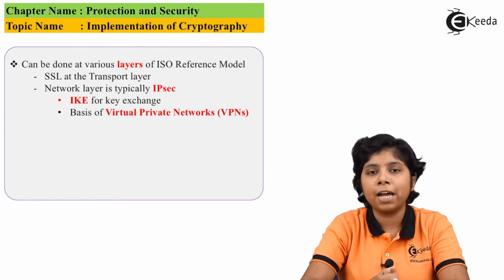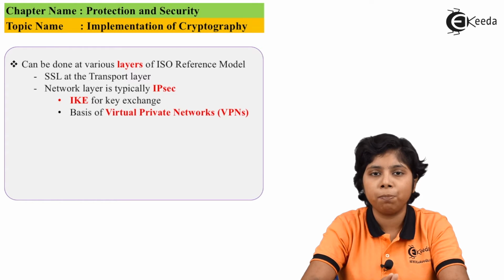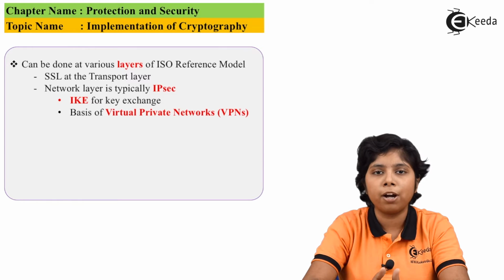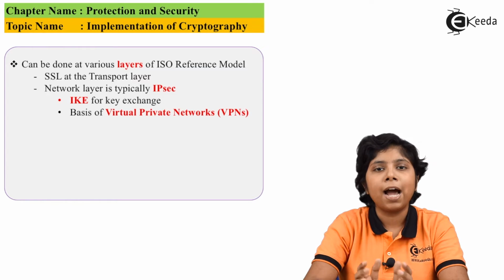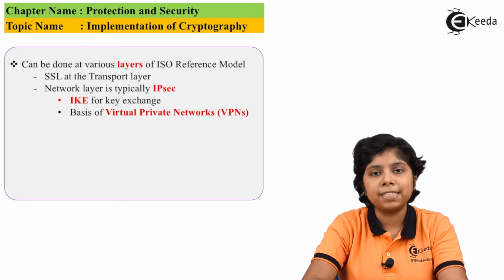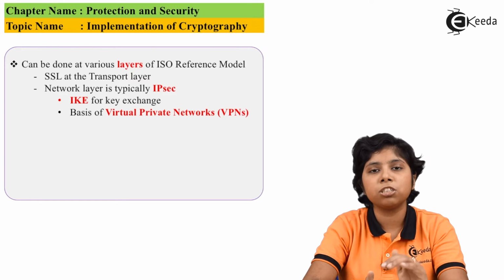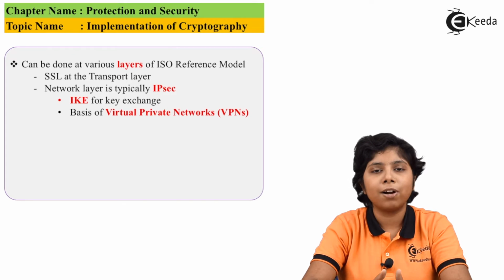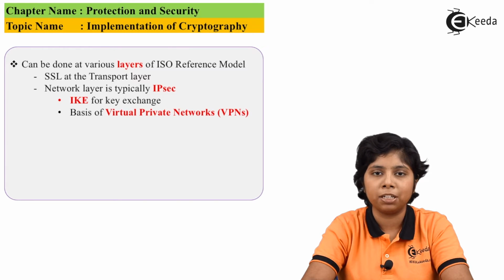As we know, IPsec is generally used by virtual private networks, or VPNs, and it is the most popular among them because IPsec can encapsulate the TCP packets and send them over IP packets, which is easier to send over the transport and physical layers of the network.